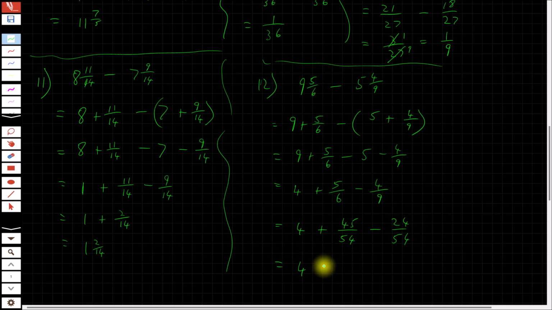So now we have 4 plus the fractions, 45 take away 24, 21 over 54, which is equal to 4 and 21 over 54.